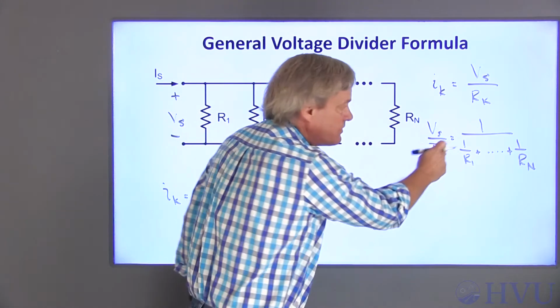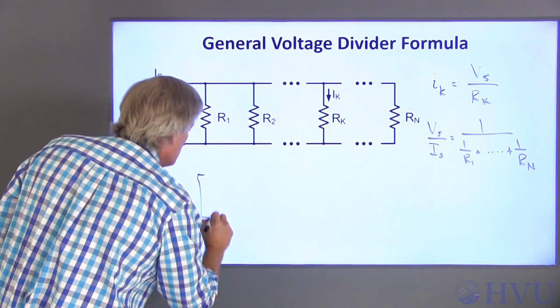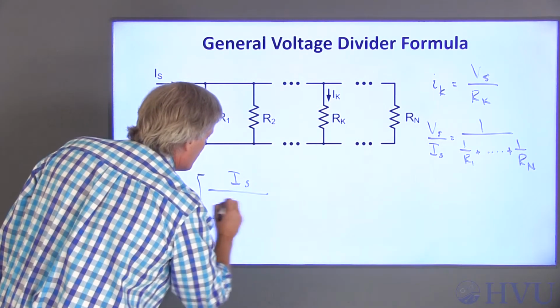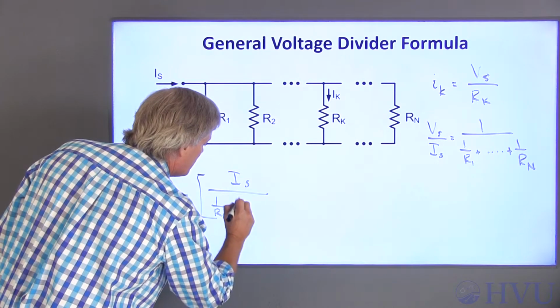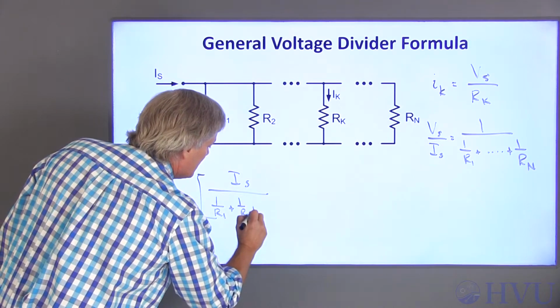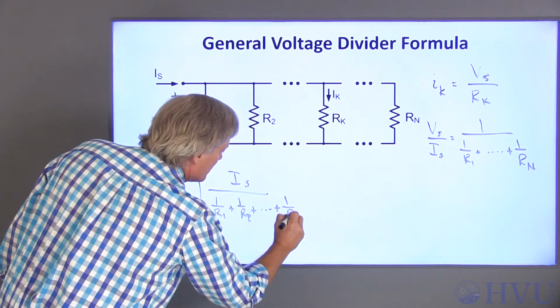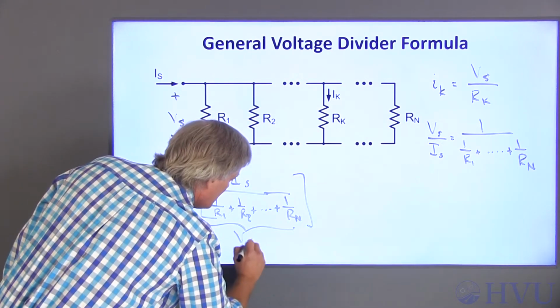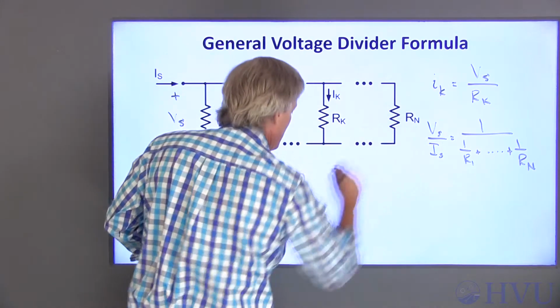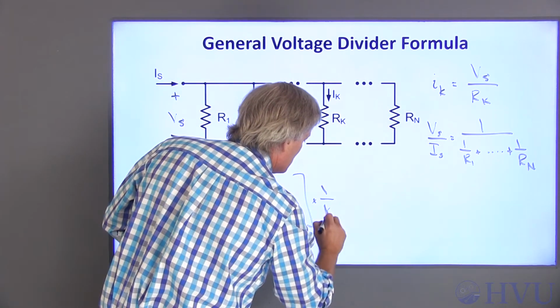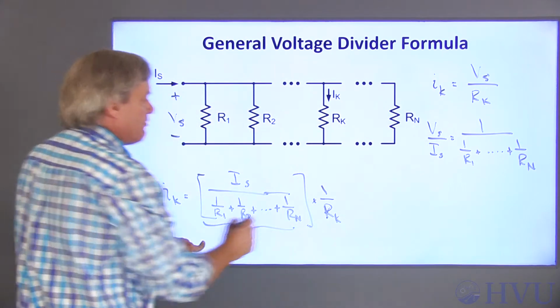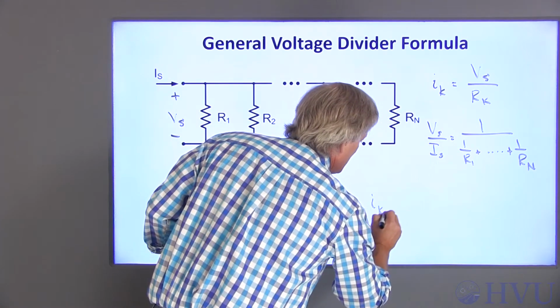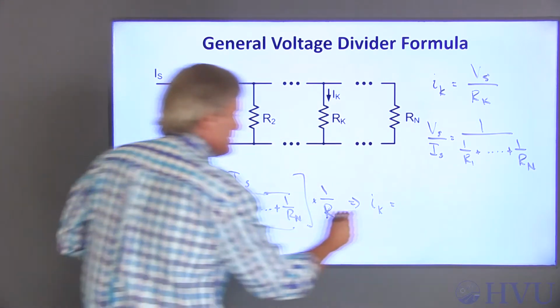If I multiply this through by I sub s, that's I sub s over 1 over R1 plus 1 over R2 plus up to 1 over R sub n. This is V sub s. I divide that by R sub k, and rearranging that slightly, I get I sub k is equal to I sub s.